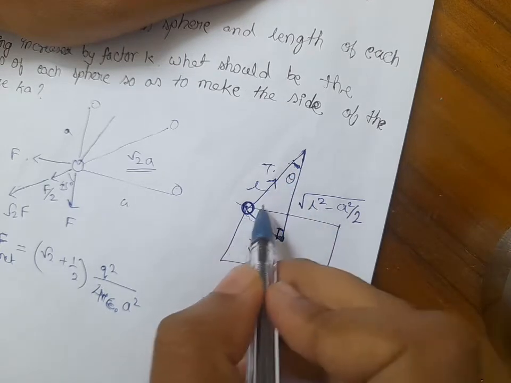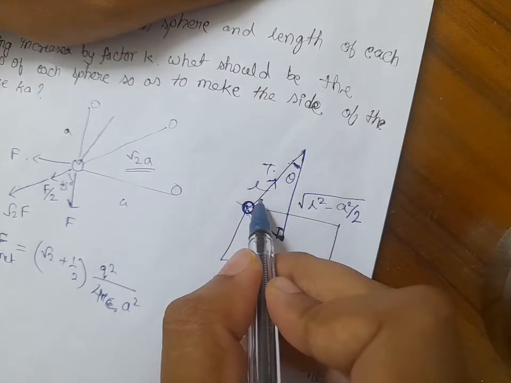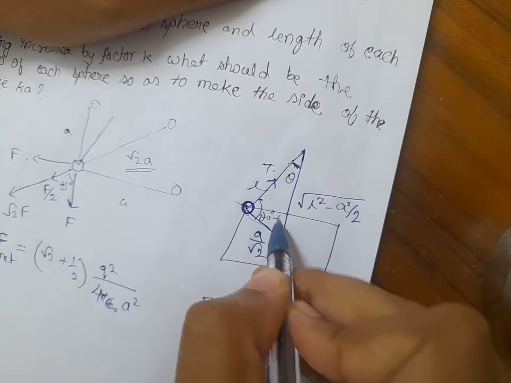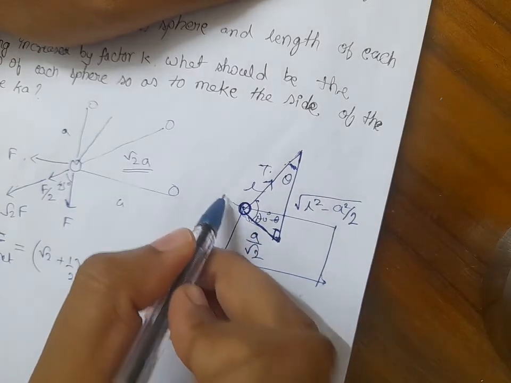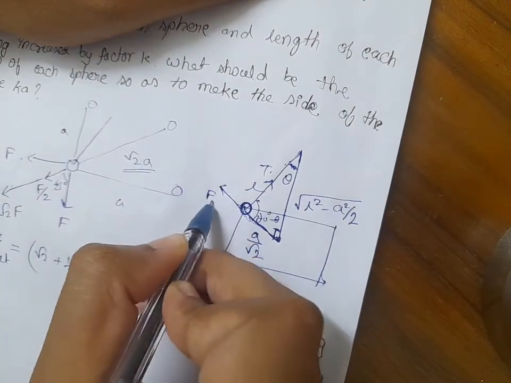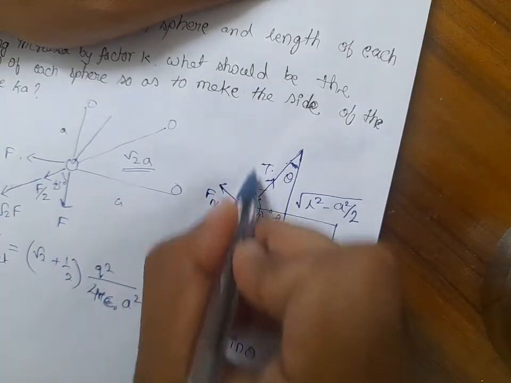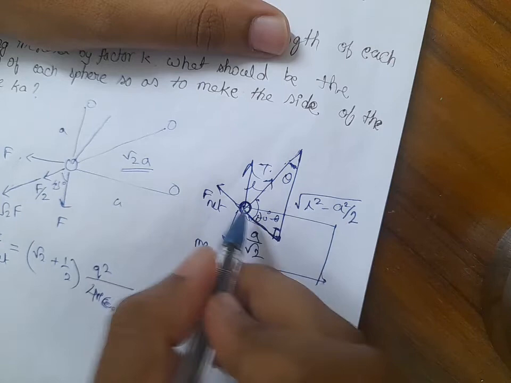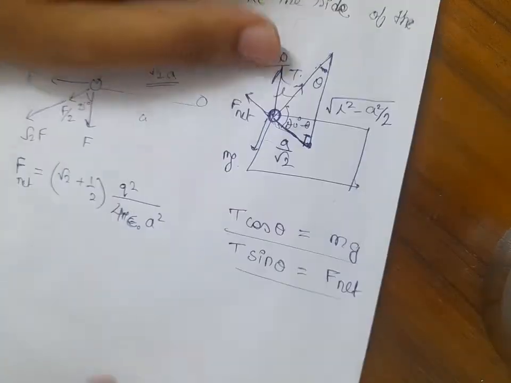Okay, consider this angle made by the vector with its tail. It is 90 degrees minus theta. So here the force of repulsion will act, F net. So here the force mg will act. Here the force T cos theta will act. Okay, I was correct.